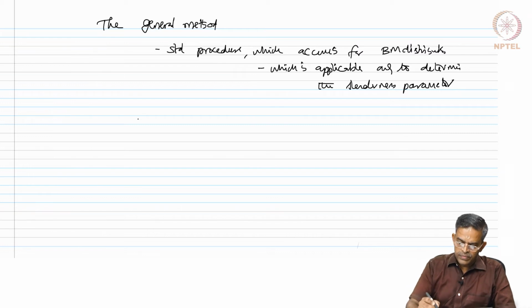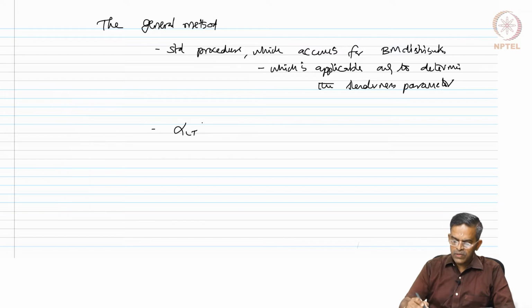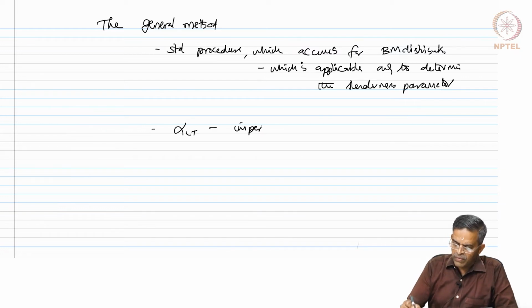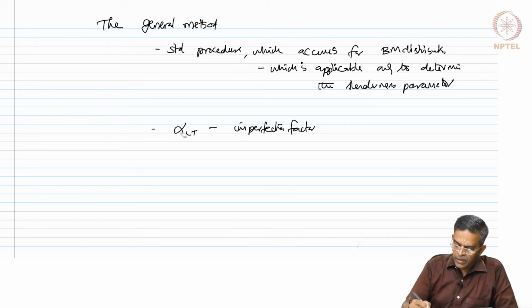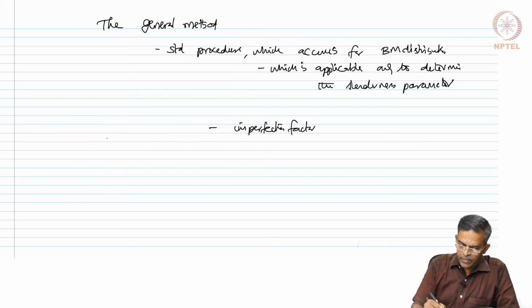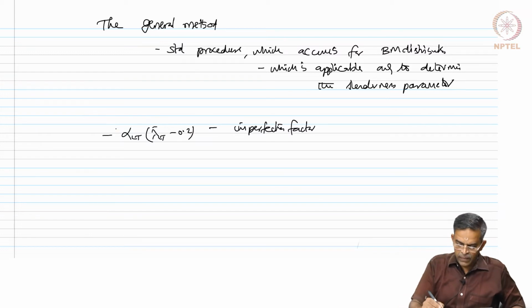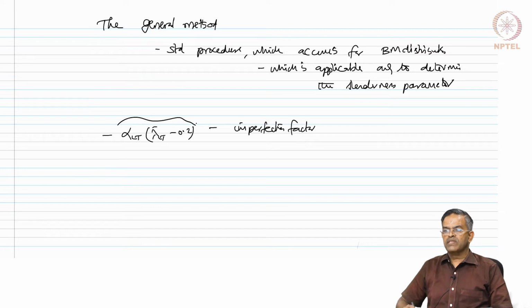Now, alpha LT, which is called the imperfection factor. In fact, we should say not alpha LT, we should say alpha LT into lambda bar LT minus 0.2. That is the whole factor here. This accounts for the imperfection factor.